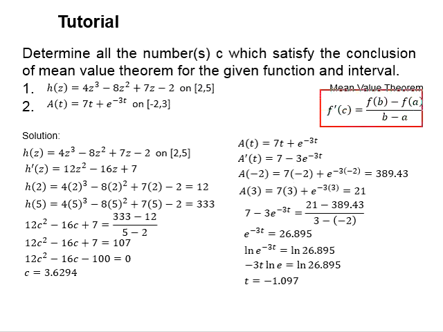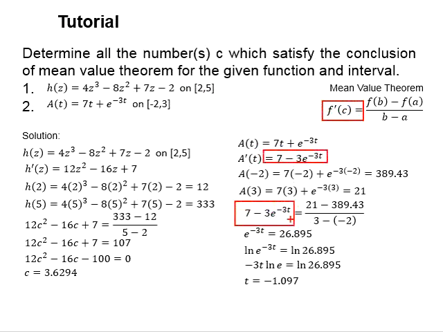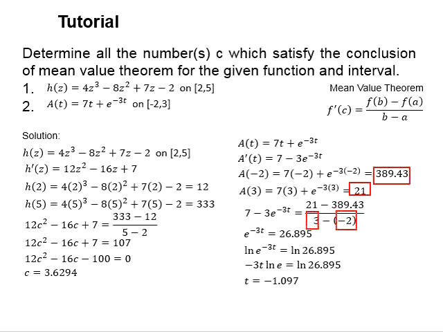Use the formula of the mean value theorem, where f'(c) is the differentiation of a(t), which is here. a(3) minus a(-2) divided by 3 minus -2. Solve the equation here, you will get this. Next, you need to eliminate the e here.